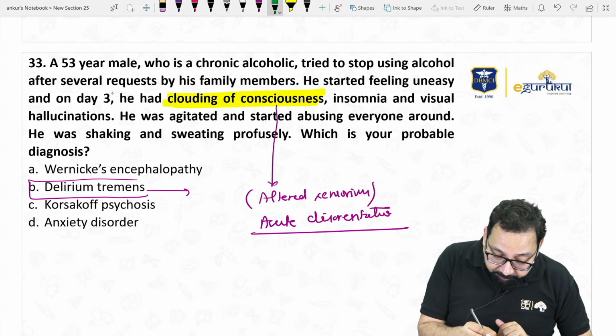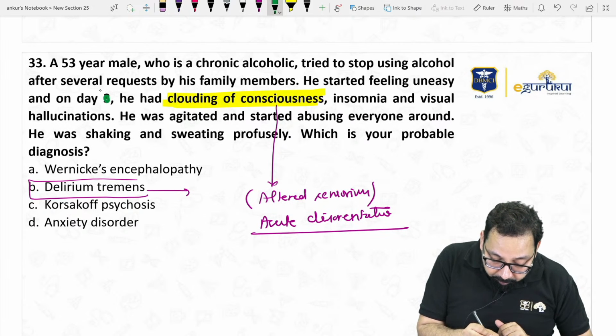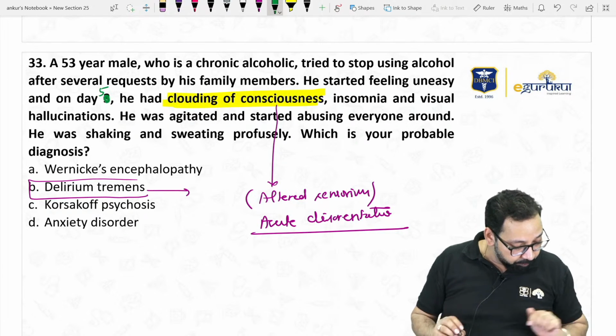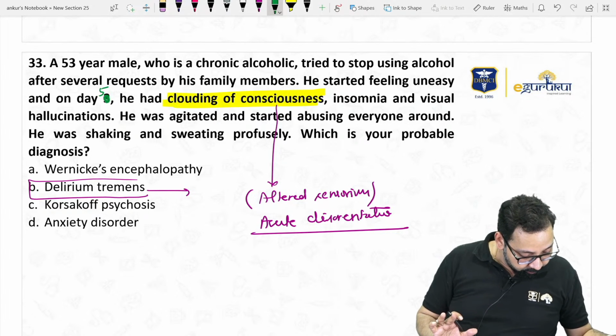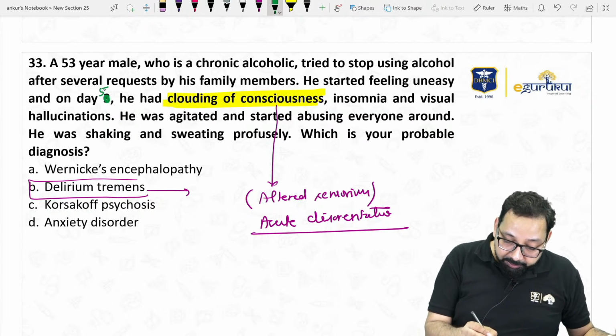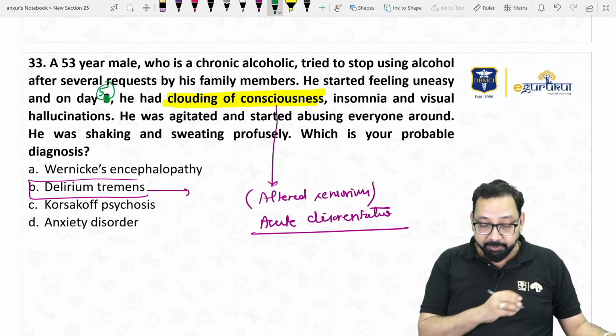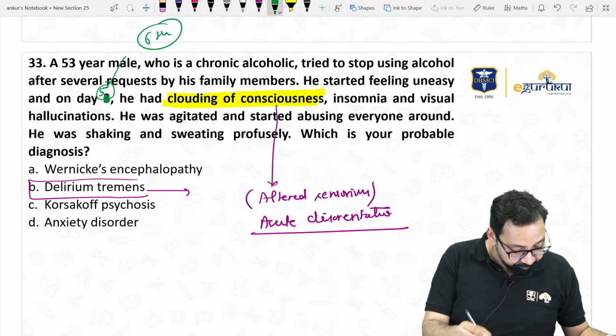If I change the day to 5, then would the answer change or not? Yes, if I give the 5th day or 6th day.